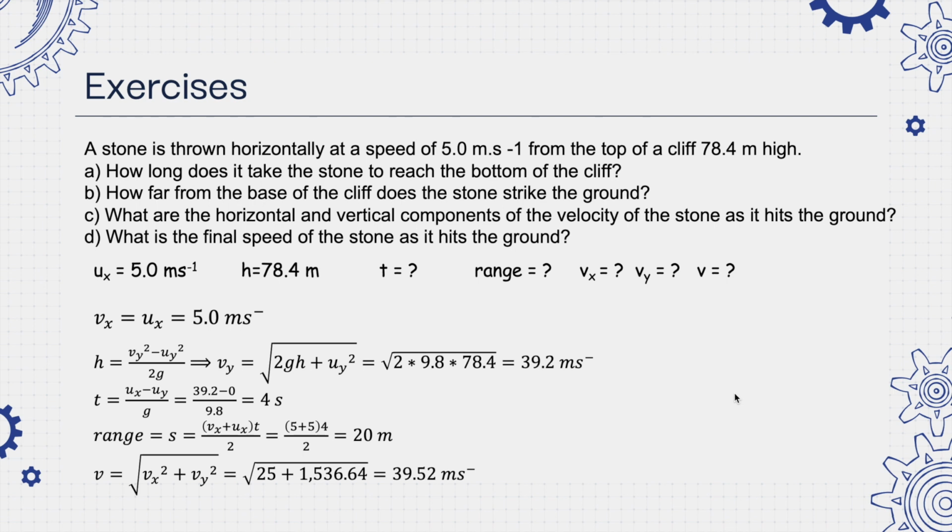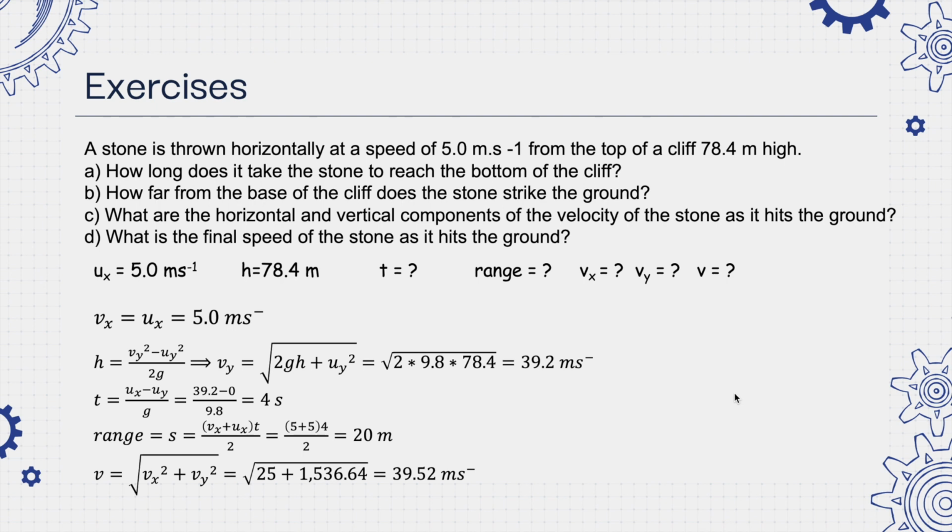This formula that we derived is going to be the same as when we use energy and work. So 2 times 9.8 times 78.4, and the square root is 39.2 meters per second. So we now know Vx and Vy.